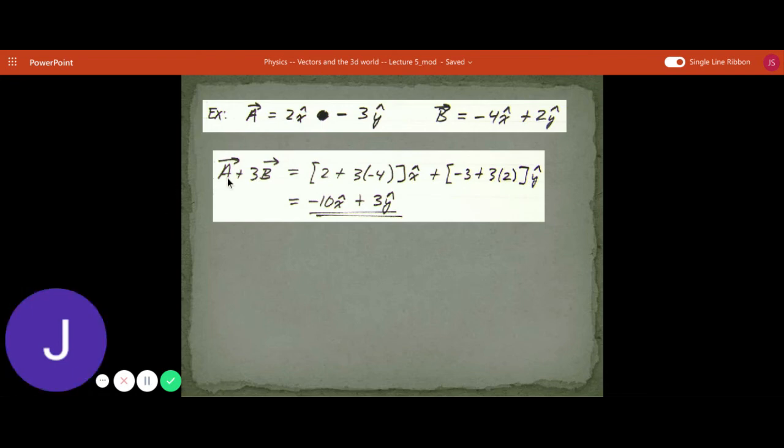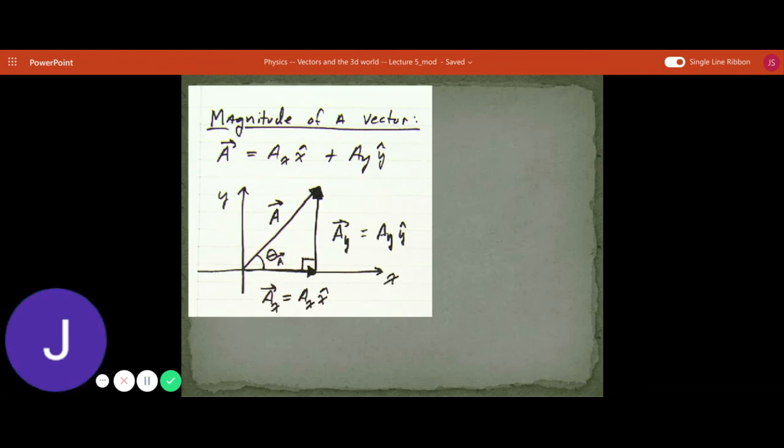Well, you got the components. You got 2 from the x hat, and then 3 times negative 4. That's the first part, x hat. And then we do it again. We have the y part, negative 3y, and then 3 times the 2 here. So for the x part, we get negative 10, and for the y part, we get 3. Yep, that looks good.